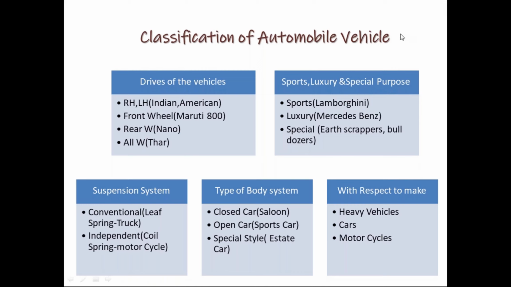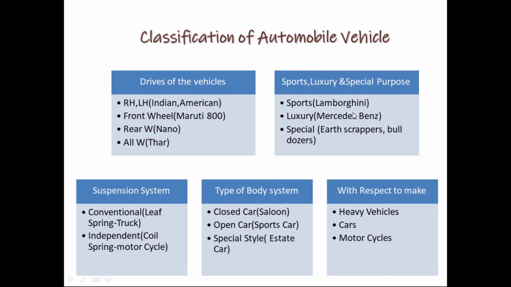Continuing further, we can classify vehicles as sports and luxurious, or under the head of special purpose. A vehicle in the sports category may be a Lamborghini, or for luxurious, maybe a Mercedes.